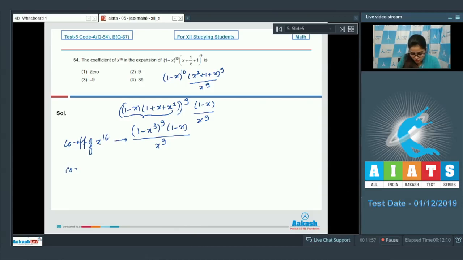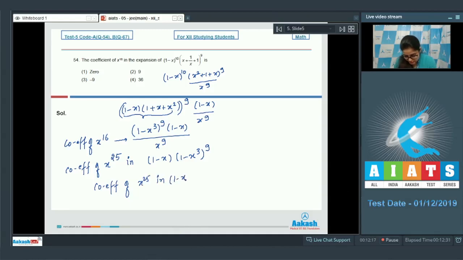So now the coefficient of x to the power 25 in (1 minus x cube) to the whole power 9, minus the coefficient of x to the power 24 in (1 minus x cube) to the whole power 9.